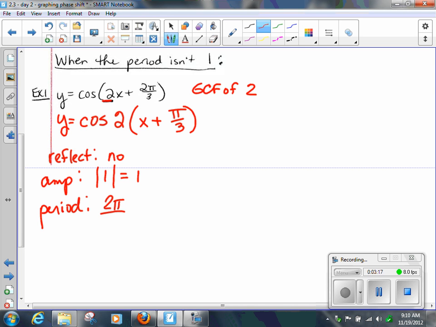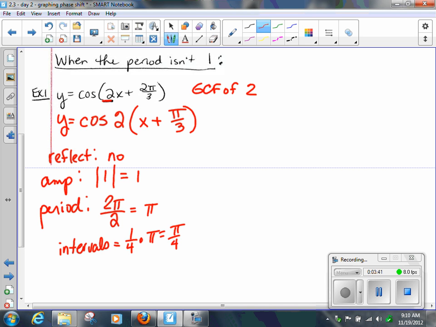Now it's 2. We factored out a 2, so we take 2 pi over 2, which is pi. And now we need to find our intervals, which is 1/4 times pi, which is pi over 4. That'll help us.